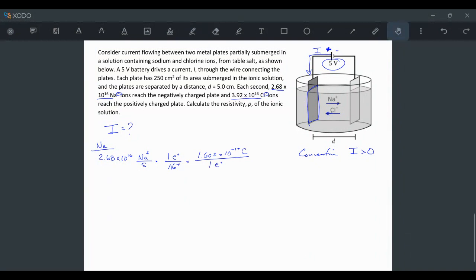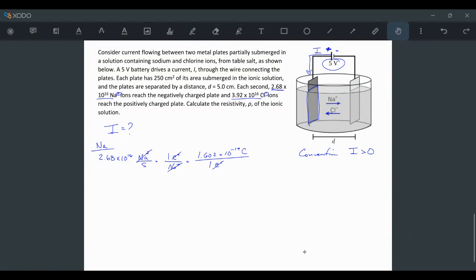That's how many coulombs it is. So at this point, if we look at where we're at, these will cross off, these will cross off. And in terms of the units that we're left with, coulombs per second. That is going to leave us with the unit amperes, which is the unit of current.